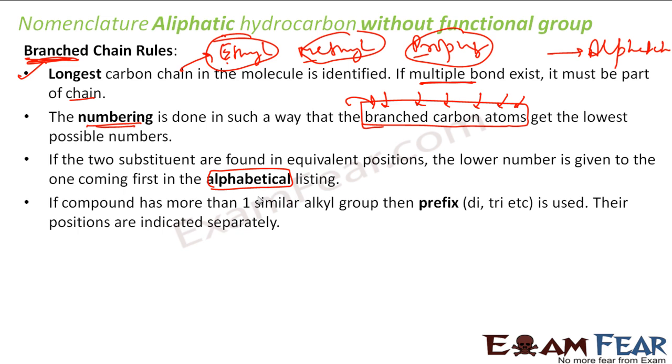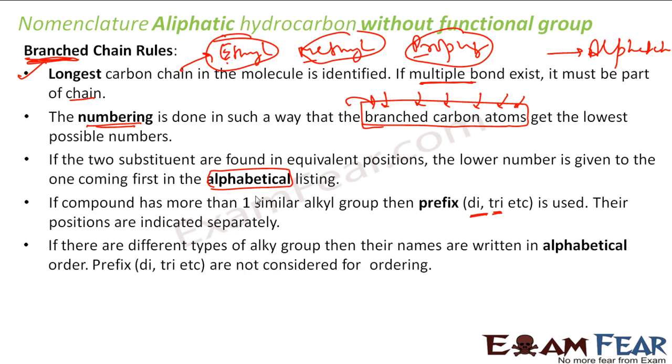Right? So if it has more than one similar alkyl group, for example, 2 methyl groups or 3 methyl groups, then you will use di for 2, tri for 3, etc. And also note that when I talked about alphabetical order, we don't consider di, tri in this. We only consider methyl, ethyl, propyl.